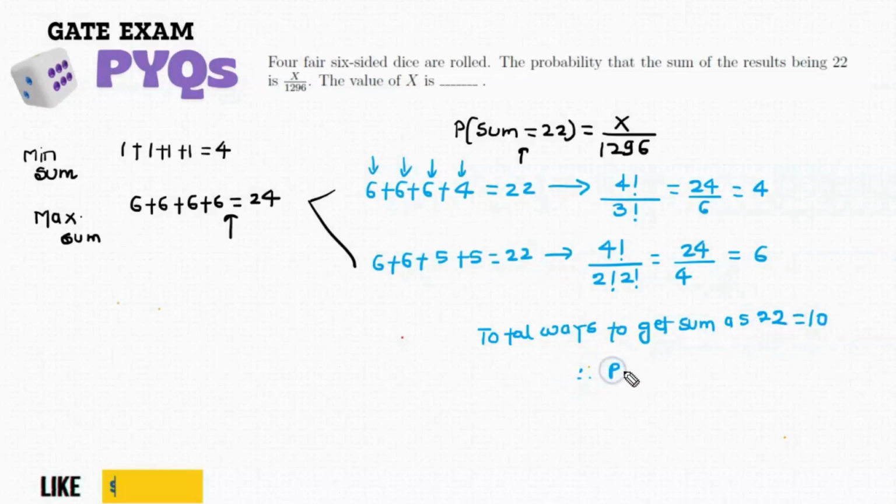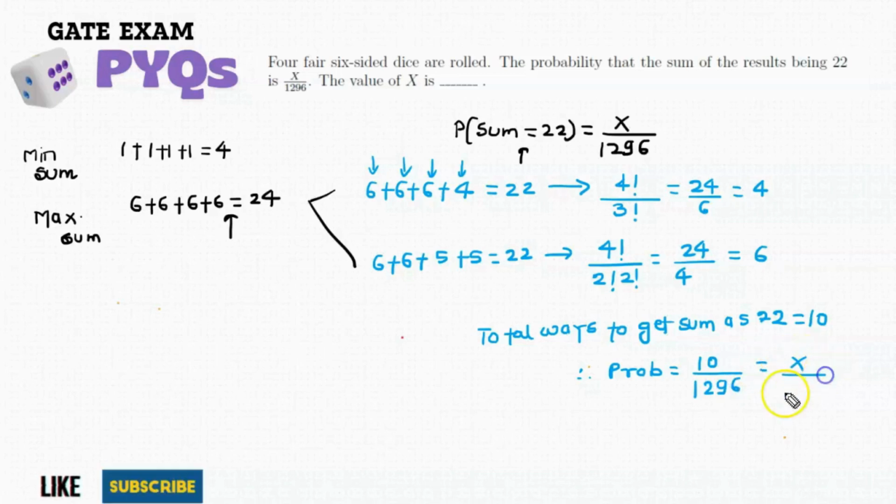Hence the required probability, if I write down the favorable cases, we have 10 over 1296, and it is given that this is equal to x over 1296. So comparing both of them, we get the value of x is equal to 10.